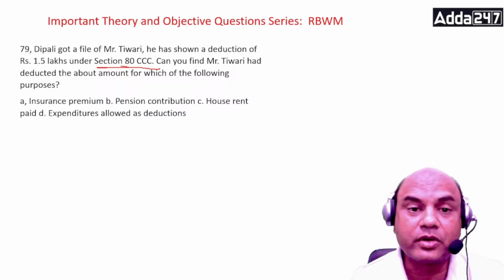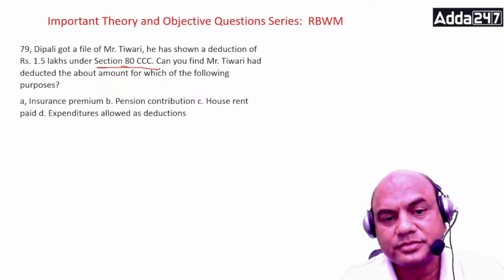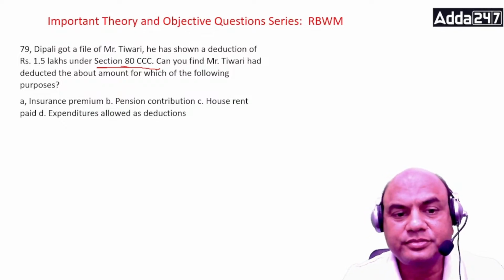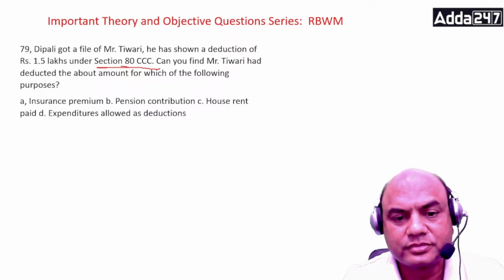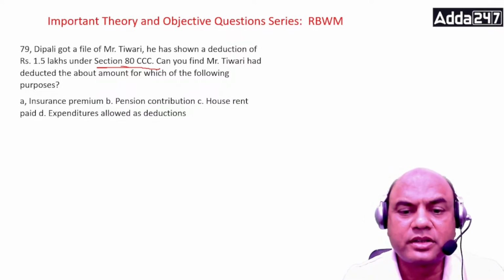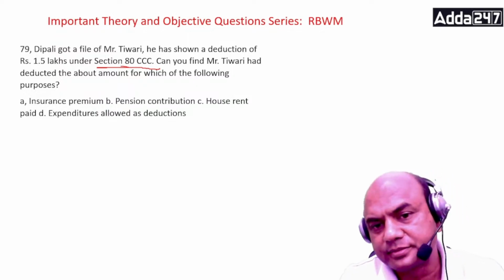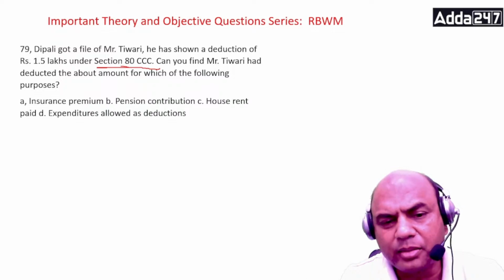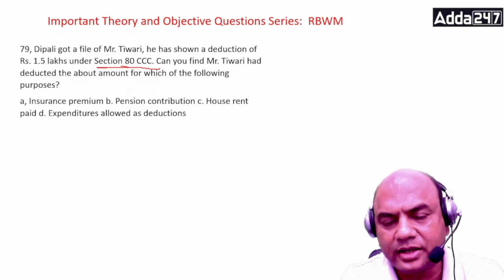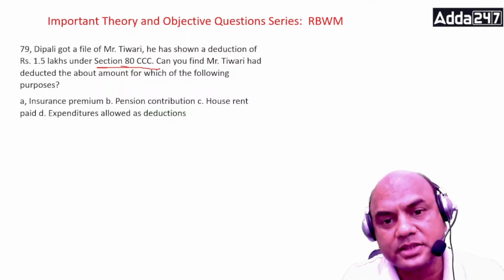Now you have to remember all the sections of insurance. The combined section is called 80C, right? The complete section is called 80C. Now this 80C is divided into various subsections.